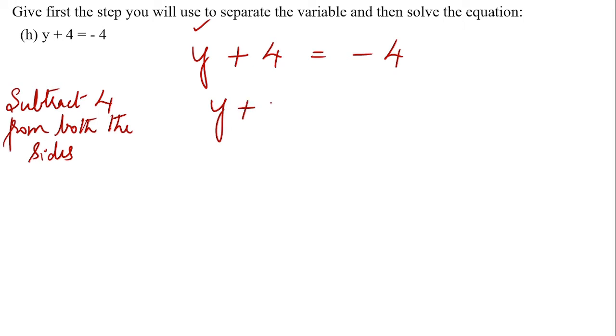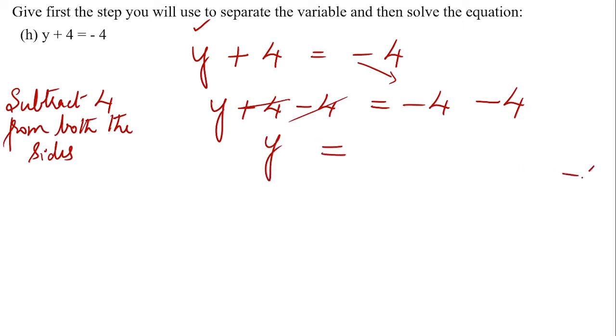So y plus 4 minus 4 is equal to, you already have minus 4 over here, and then again minus 4. So plus 4 and minus 4 gets cancelled. Y is equal to minus 4 minus 4. Same signs, put the same sign and add. 4 plus 4 is 8. So y is equal to minus 8.